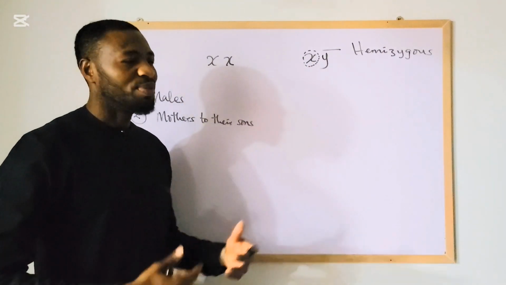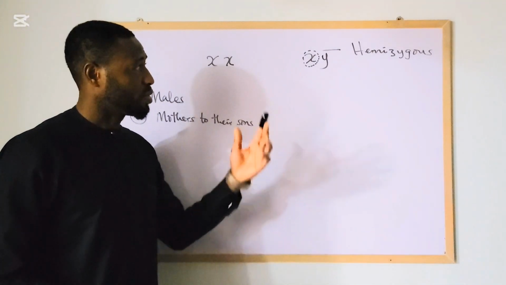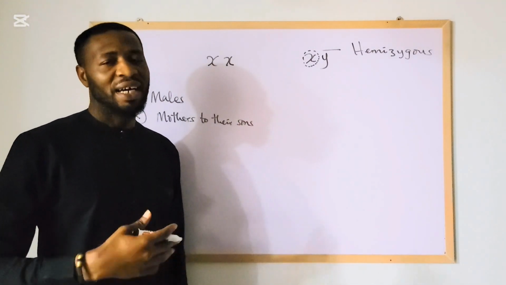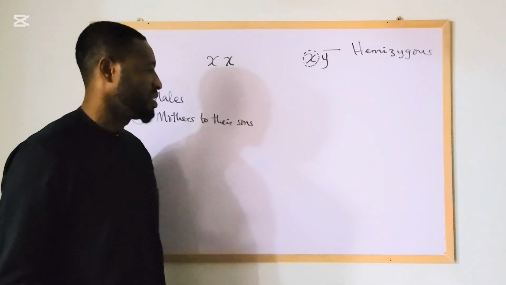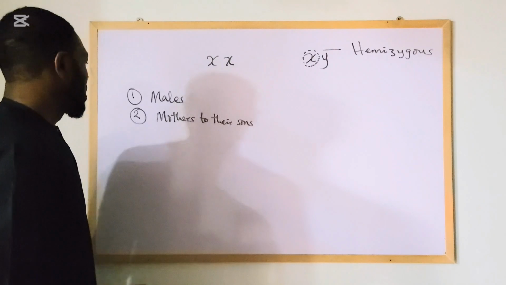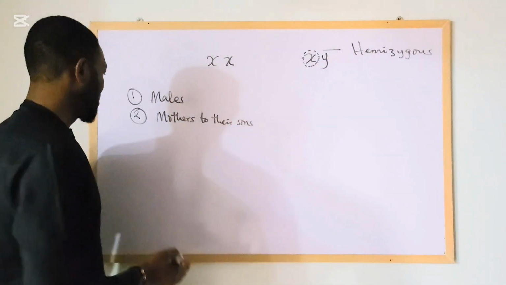Now, the Y chromosome doesn't really have a lot of genetic defects, because most of the genes on the Y chromosome are associated with sex determination. So, what are the examples of X-linked recessive disorders?